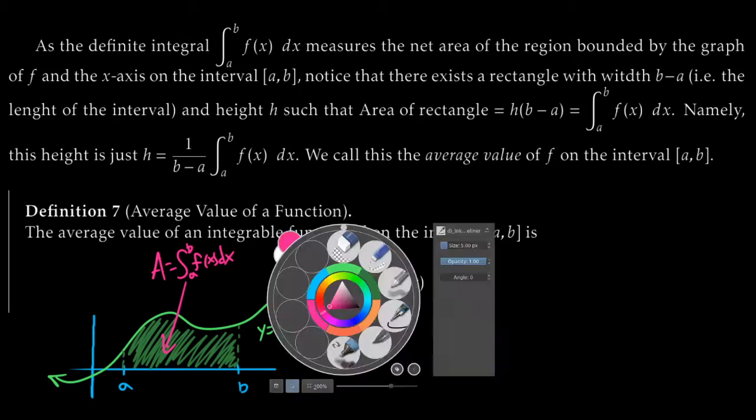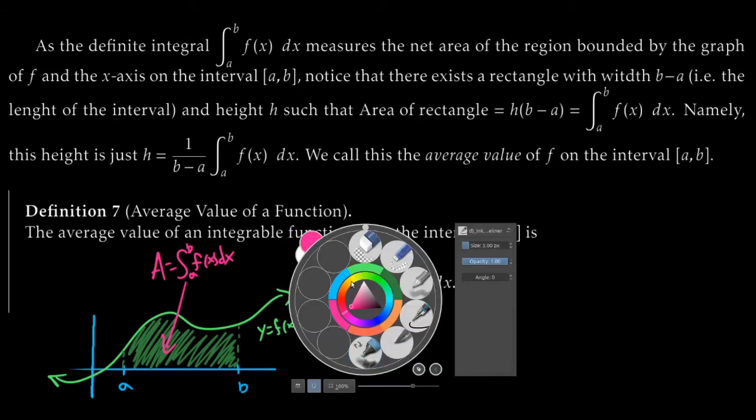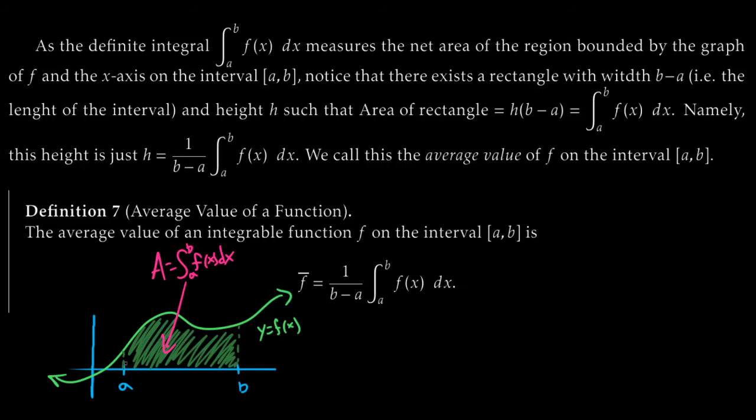So if I switch to another color here and start to draw the picture, basically think of it like this. I'm going to take a rectangle whose base is the exact same as that interval, and what I'm trying to figure out is how high does this guy have to be to have the same area.